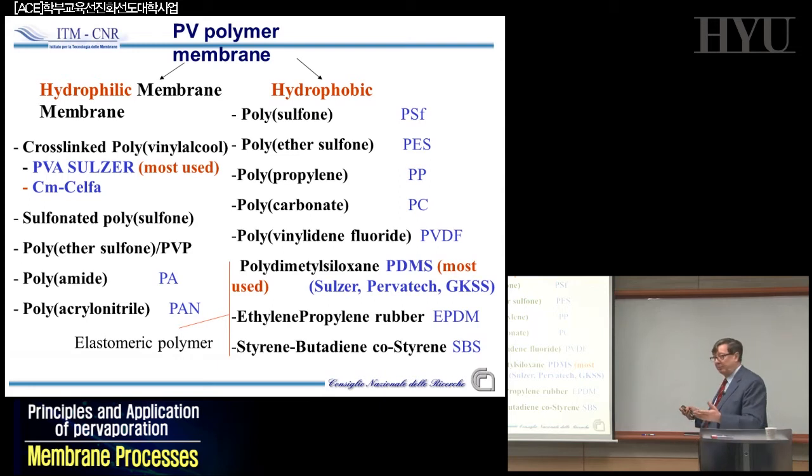There is one problem. If you want to separate something, the best separation will take place when one of the components is solubilized in the polymeric phase. Now, solubilization very often also induces swelling. So if you have one component very soluble, it can be so soluble that it can basically dissolve the membrane.